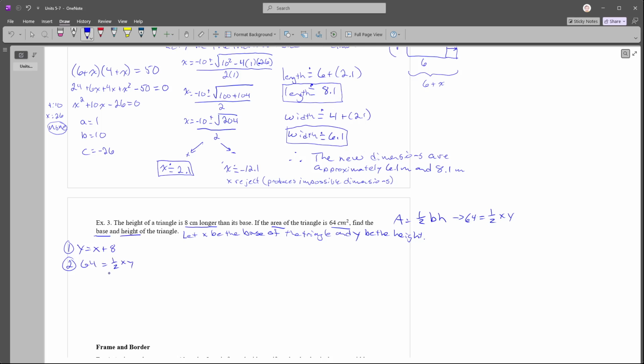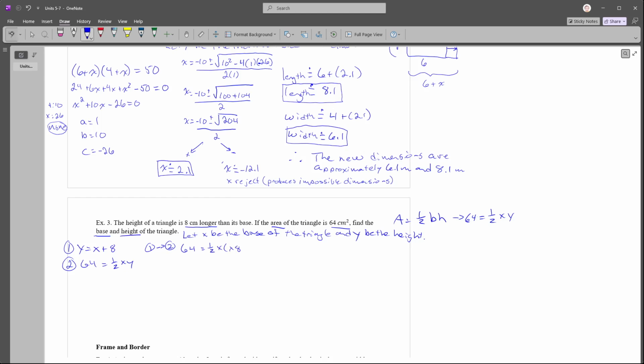we can now substitute. So let's do that. Let's substitute 1 into 2. We're going to do that over here, just so we have a little bit of space. So that means our equation is 64, which is equal to 1/2 times x plus 8.